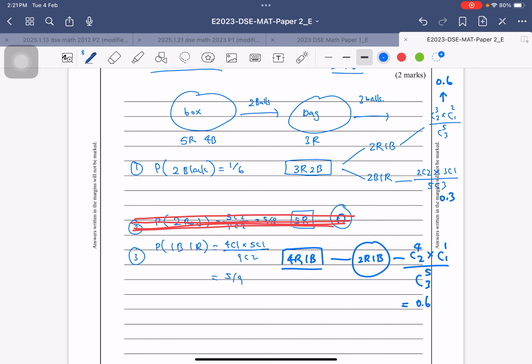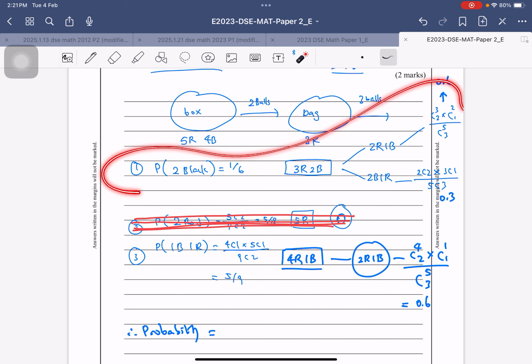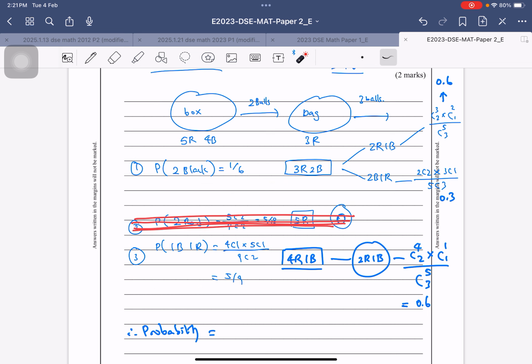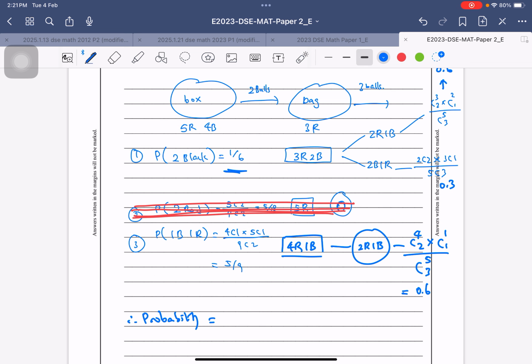Okay. So now the final probability. So the probability is equal to: this is the first case, second case, and then we have the third case. So this is 1 over 6 times 0.6 plus 1 over 6 times 0.3 plus 5 over 9 times 0.6.